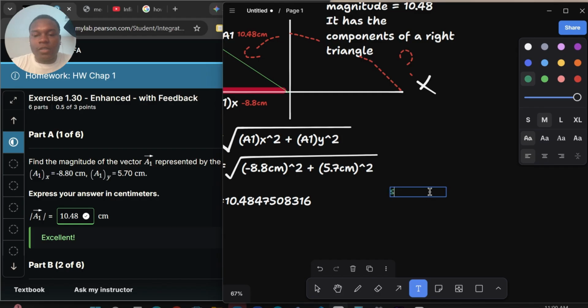You have sine, cosine, tan: SOH CAH TOA.